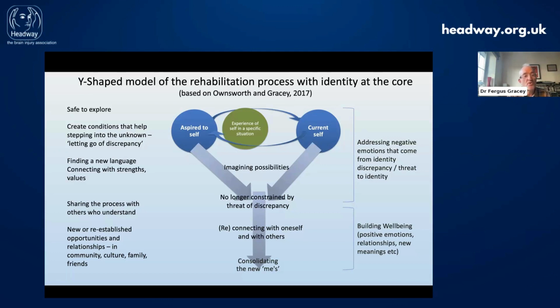And by exploring, by letting go of that discrepancy, you have a reduction of the threat of discrepancy, which is the coming together of the top part of the Y.